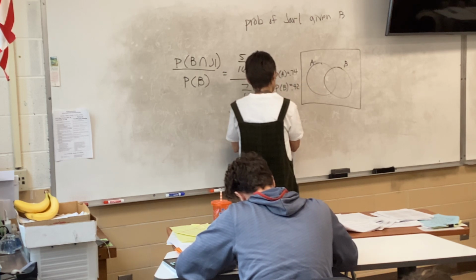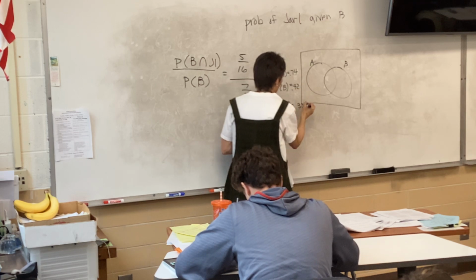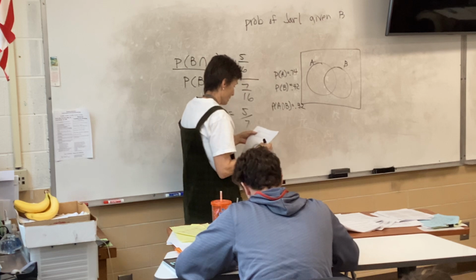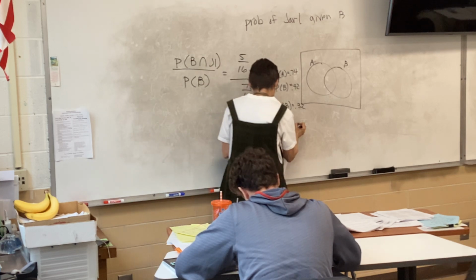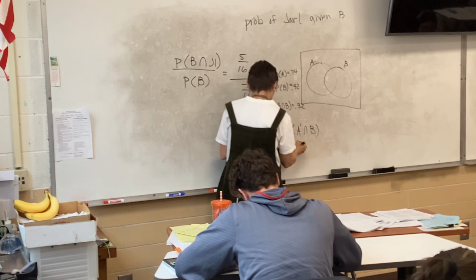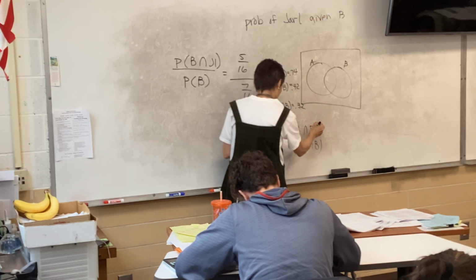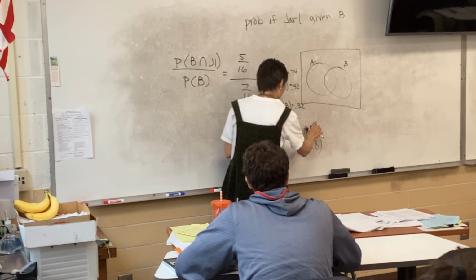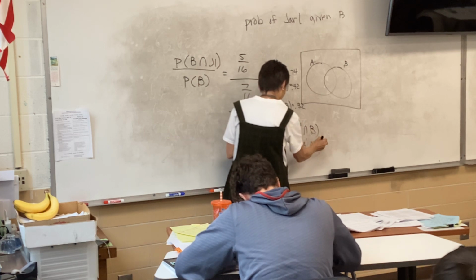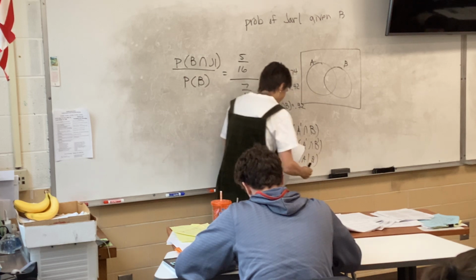And the probability of A and B is 0.32. All right, here we go.